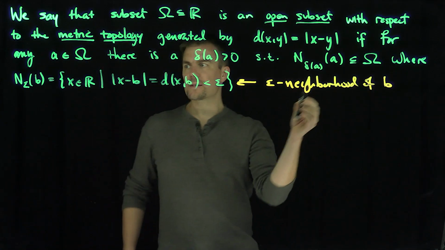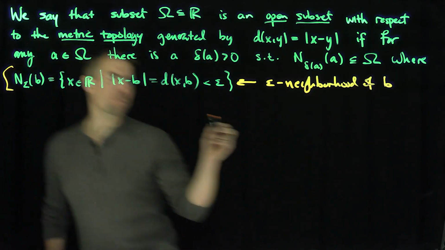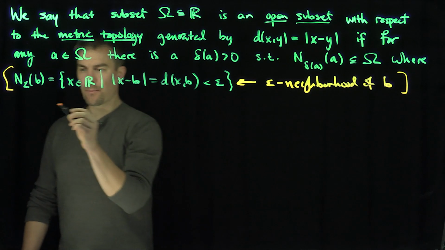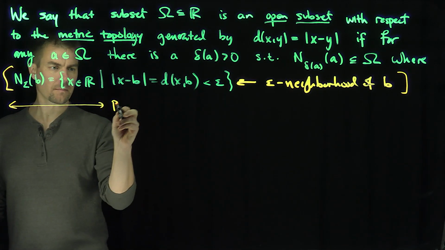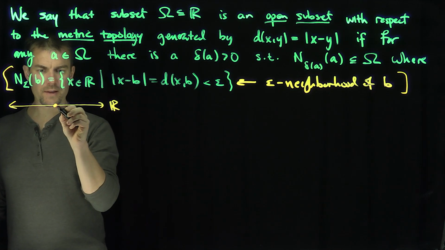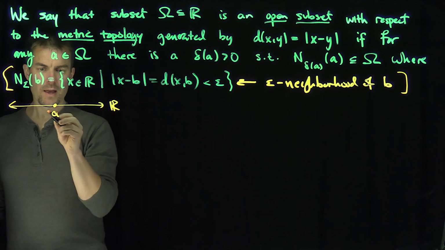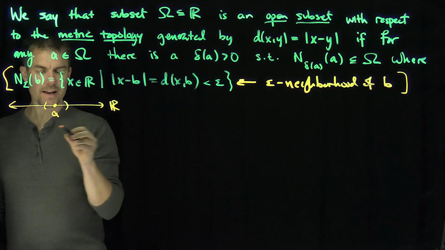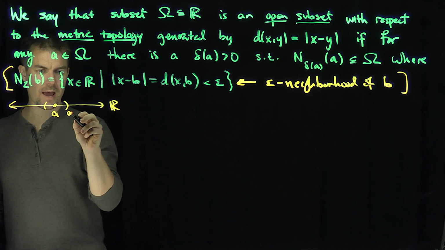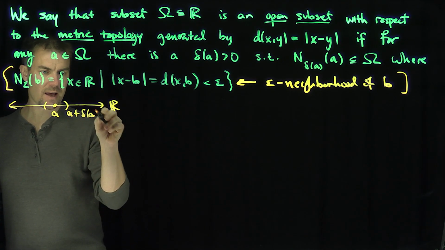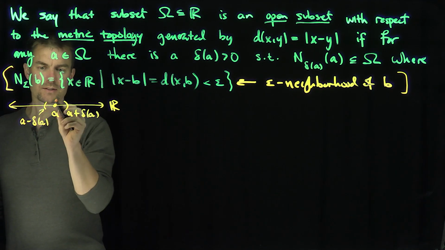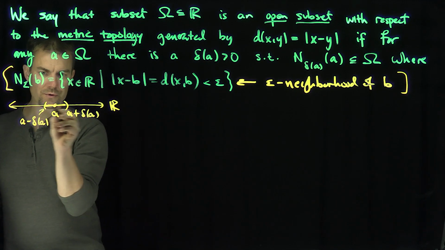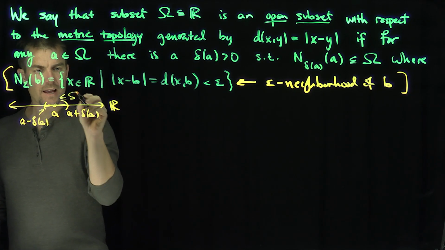So what does it mean for a set to be open? It means that if I have a point in that set, so let's say here's the real line, and I give you a point in that set, let's say that's the point A, then I can find a neighborhood, from A minus delta A to A plus delta A, such that that whole interval, that whole neighborhood, is contained in the set omega.